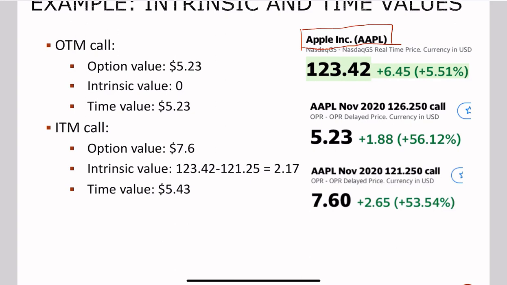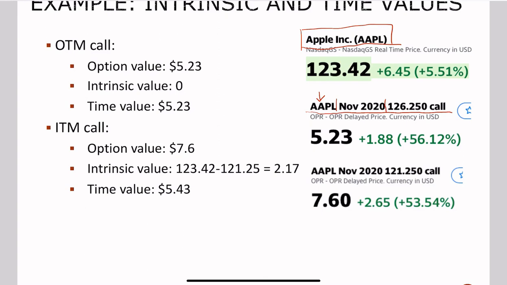Now what about this guy? Well, this is a call option. Maybe I could talk about the notation here. So this is a call option based on Apple stock. AAPL is basically the ticker symbol for Apple stock. November 2020 is the expiration date.